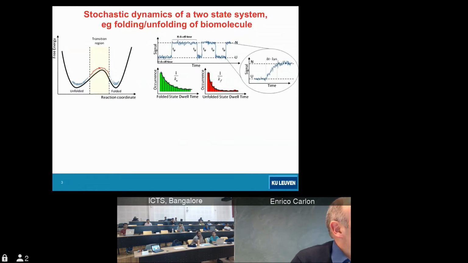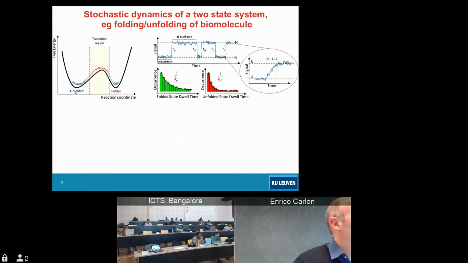And what are transition path times? Okay, so imagine the simplest system that you can imagine is that of a two-level system where you have a free energy landscape like this with two minima, and stochastically a particle in one dimension jumps back and forth, okay?